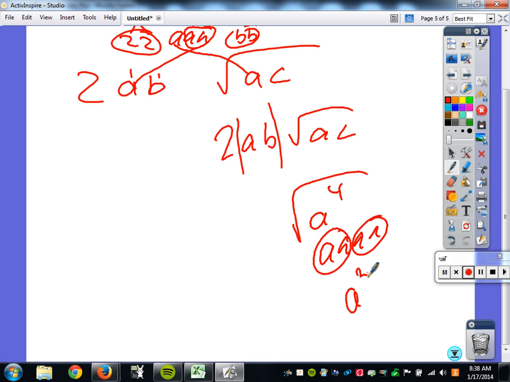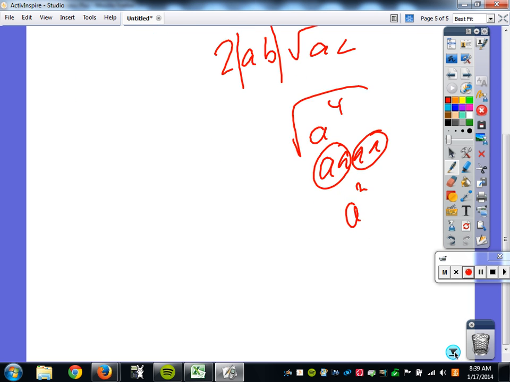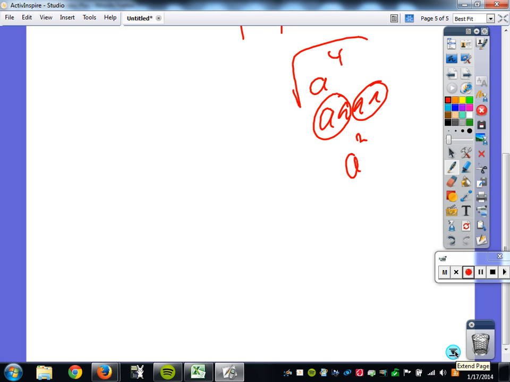Always positive, so the even power already takes care of it, always making it positive. Does that make sense? Okay, with even roots and even powers, you don't have to, because the even power already takes care of itself being a square. Okay? Make sense on that? Yes, no? Maybe so.